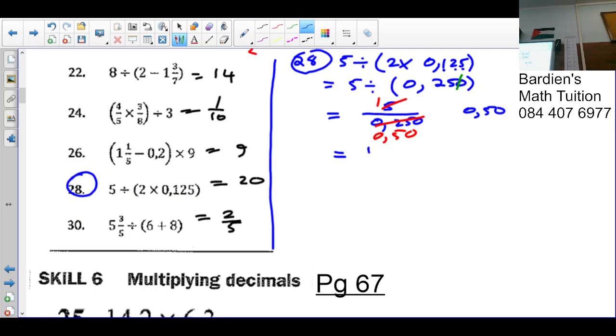So you got 1 divided by 5 over 10, or half, which then becomes 1 multiplied by 10 over 5. And 5 goes into 10 how many times?